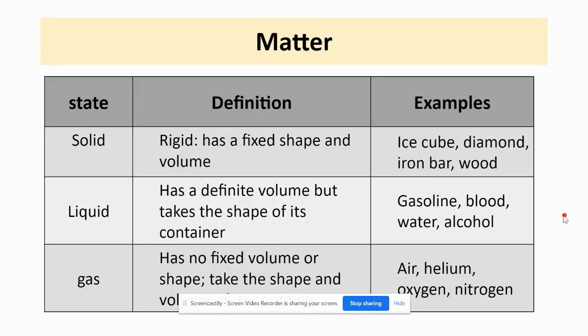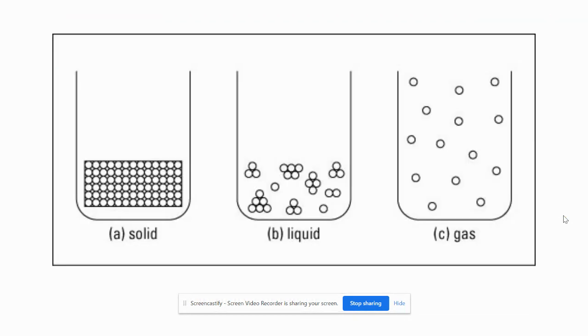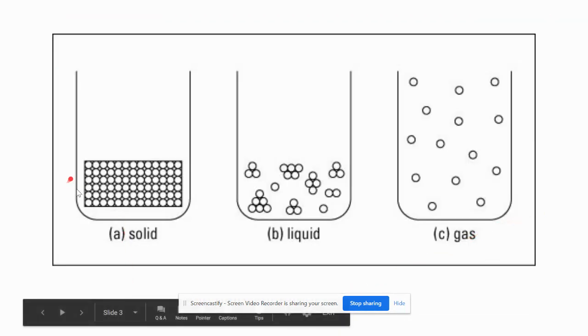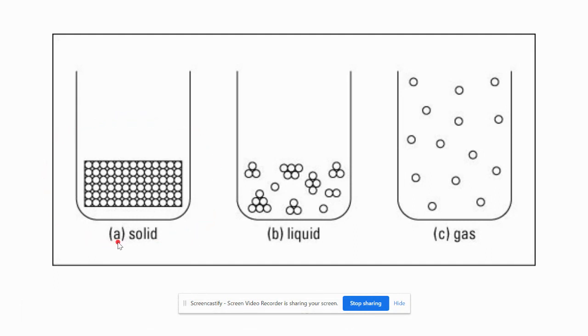Okay. Now here are some pictures, some drawings that represent solid. You can see that the particles are kind of packed. It has fixed volume. It does not take the shape of the container.